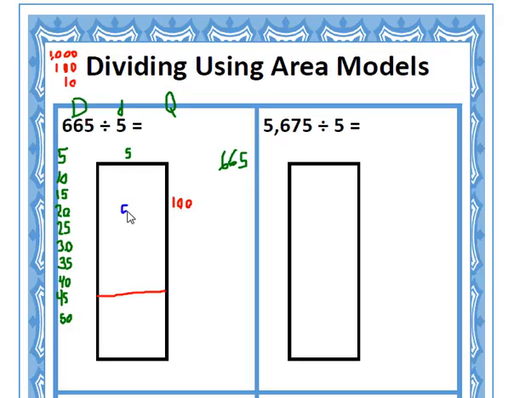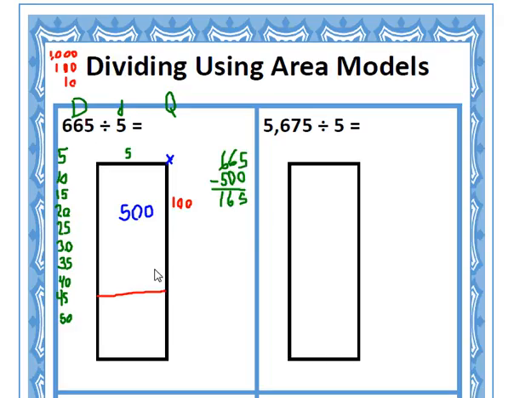So I'm going to put 500 right here, because 5 times 100 is 500. Now I need to subtract 500 from 665. 5 minus 0 is 5. 6 minus 0 is 6. And 6 minus 5 is 1. So we have 165. 165 is what is remaining from our dividend.